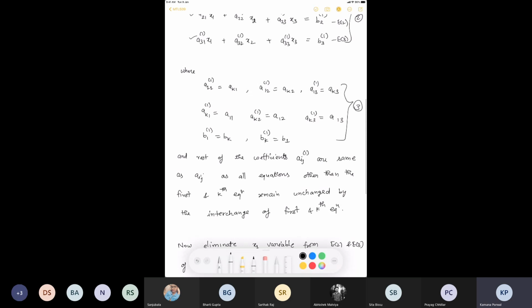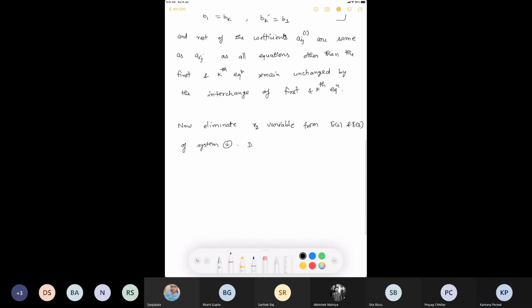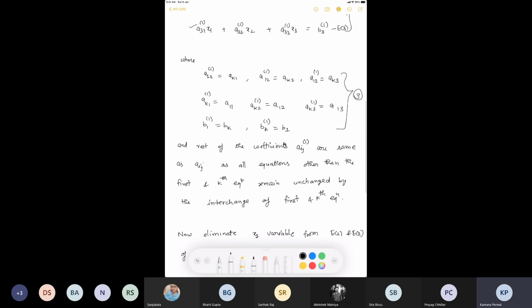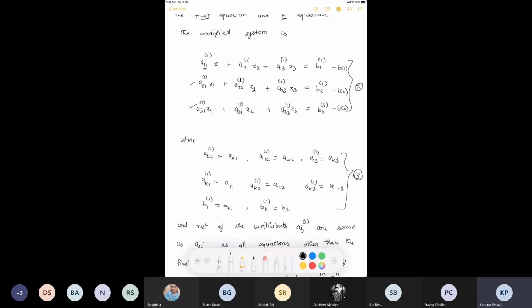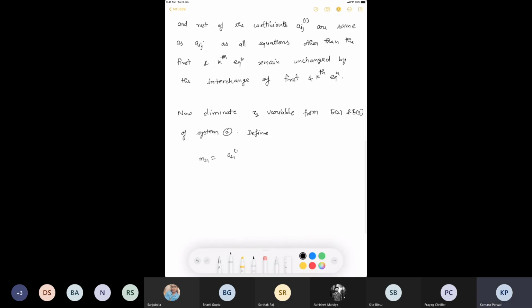And for that, I'm going to define the multipliers. So M21 is going to be the ratio of A21^1 and A11^1, so A21^1 divided by this coefficient. And M31 is going to be A31^1 divided by A11^1.